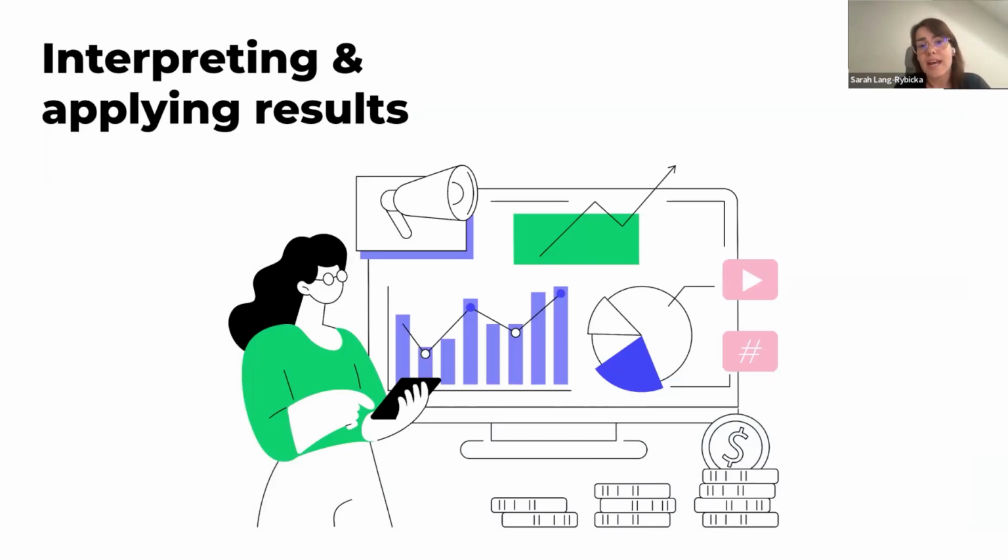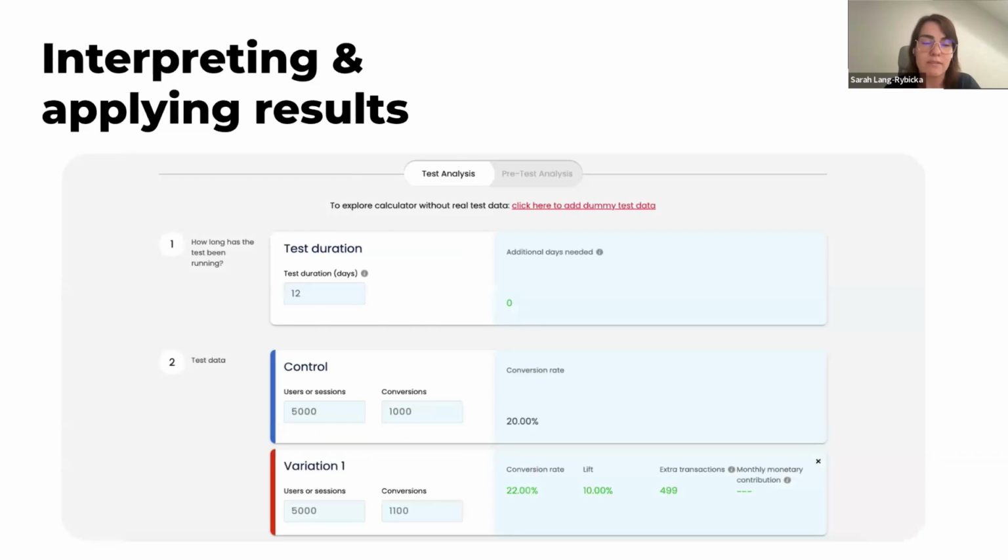And once the test has been running for a while, we can see some uplift maybe, and it's time to check if we've reached this statistical significance. And we are using actually the same tool for this. And this corresponds to the other tab, which you see here, the test analysis.